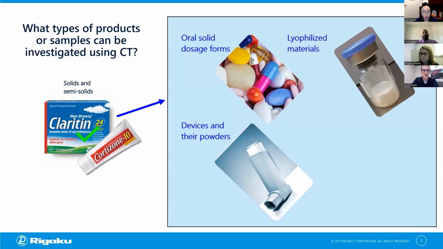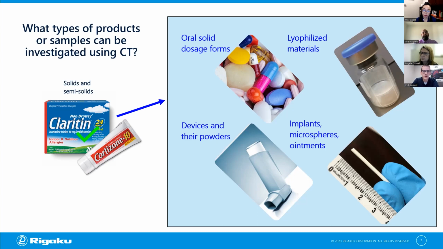We can also look at devices and their powders. Inhalation is a common one, where we can actually look at the construction of the device, any defects or quality assessments on the overall construction, as well as the powders that are in the inhalation device. These can be studied with CT as well.